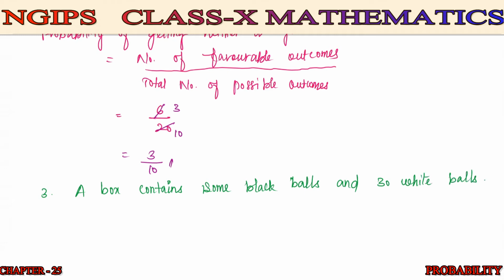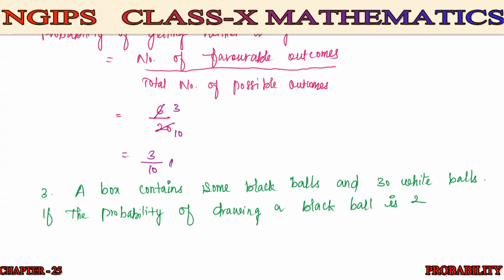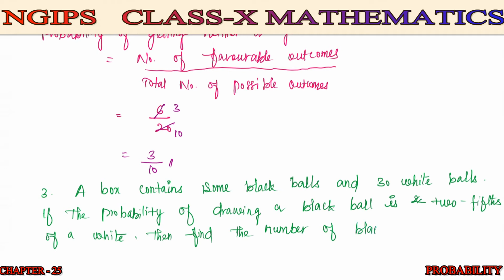If the probability of drawing a black ball is 2 by 5th of a white ball, they have given 2/5, then find the number of black balls in the box. See, this is what they have given in the question.